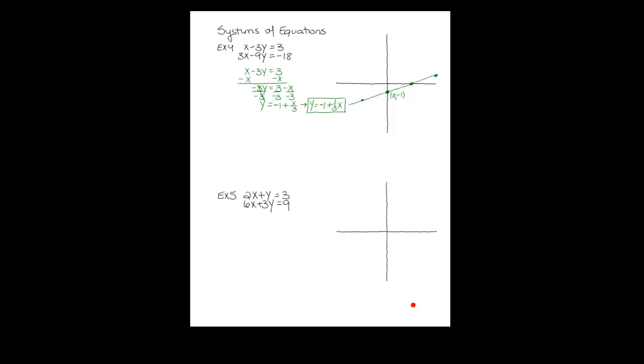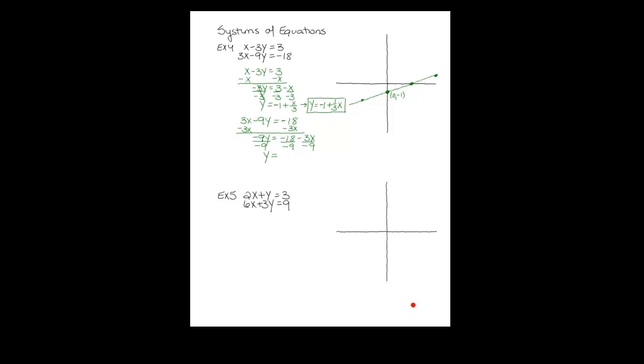The second equation, we have 3x minus 9y equals negative 18. Subtract 3x from both sides. We have negative 9y equals negative 18 minus 3x. Divide both sides by negative 9. I'm going to go ahead and just divide each term by negative 9.